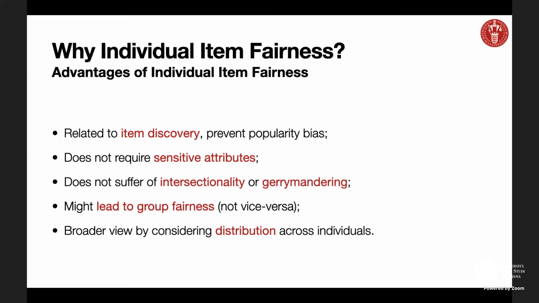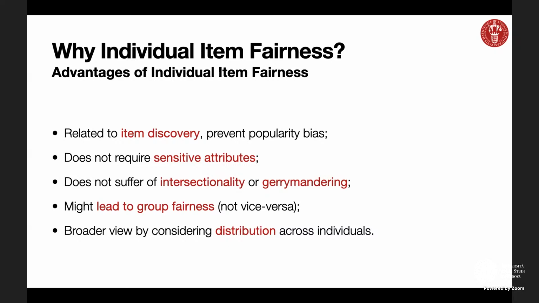Group fairness suffers from intersectionality or gerrymandering. Intersectionality is the problem when you have multiple groups and you want to be fair to these groups based on different attributes, then it's hard to combine all fairness across all different types of groups you can define.